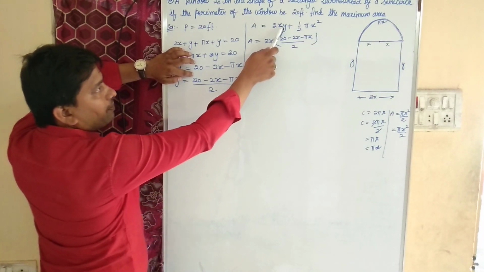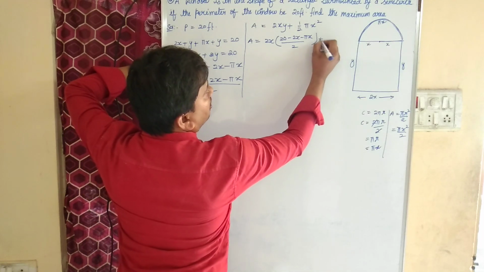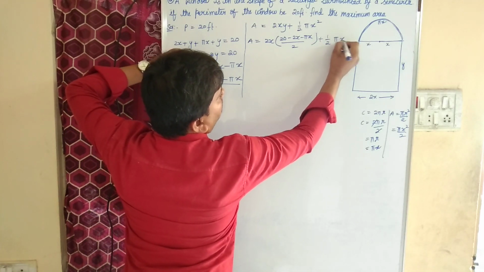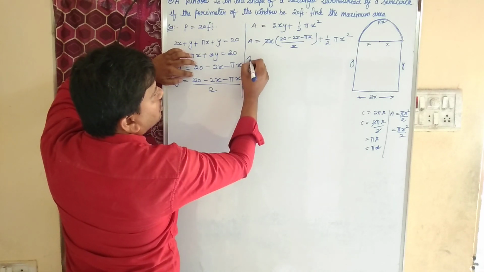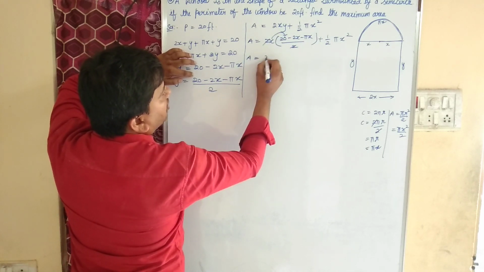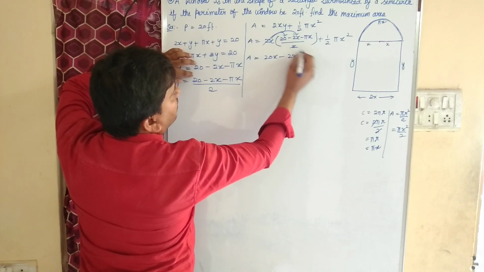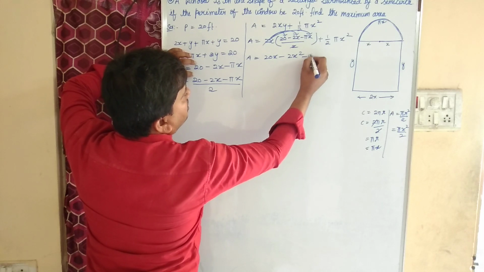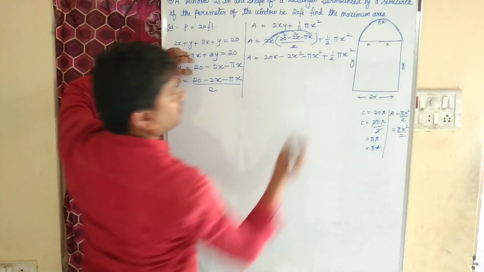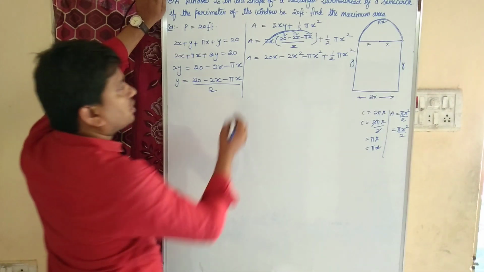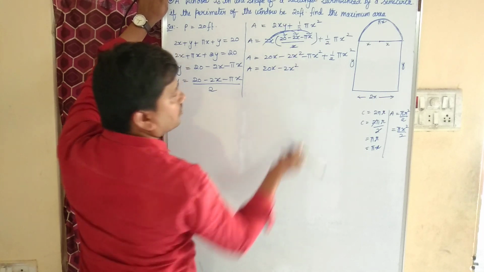As we are substituting in the place of y, 2x into (20 minus 2x minus pi x) by 2 plus pi x square by 2. The 2 gets cancelled, so A equals 20 into x, 20x, x into 2x, 2x square, x into pi x, pi x square, plus 1 by 2 pi x square. So A equals 20x minus 2x square.